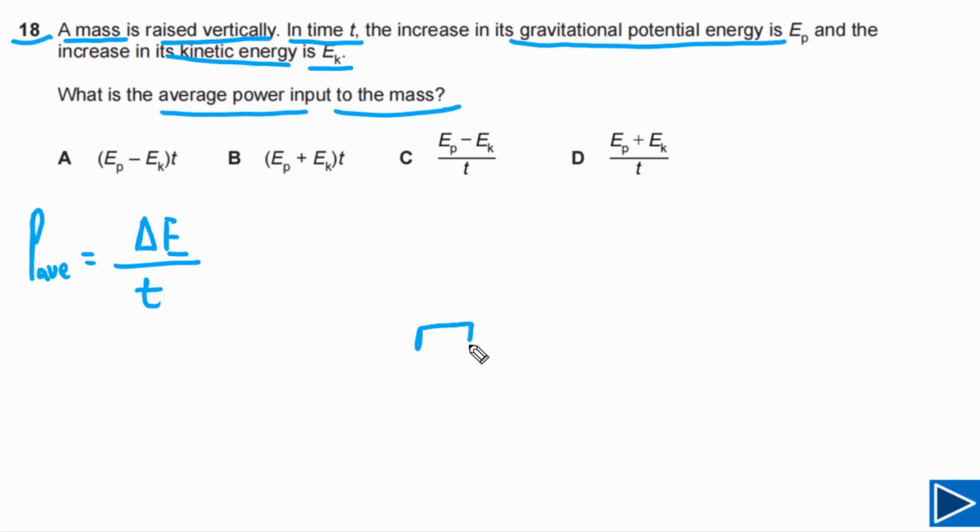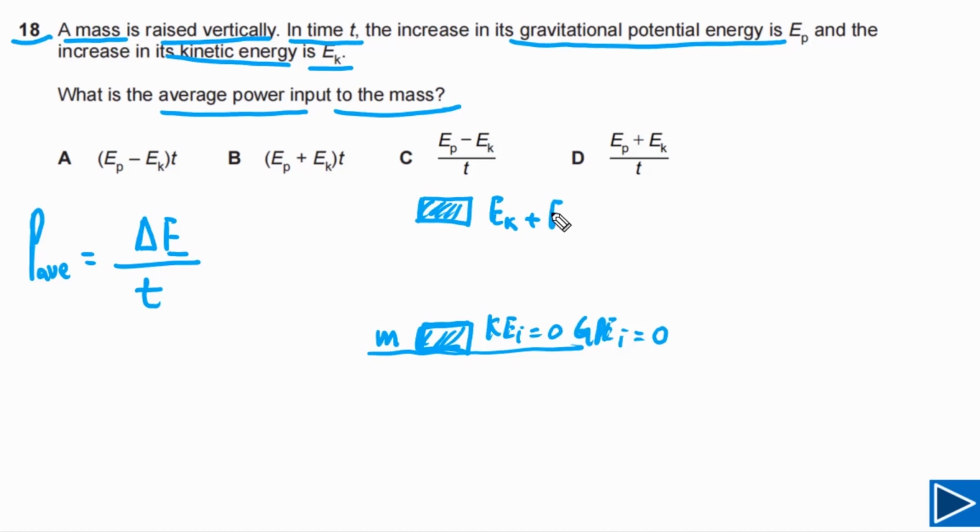Now imagine that we have the mass here, placed on the ground. Here it has kinetic energy initial equal to 0, and gravitational potential energy initial also equal to 0. Now we raise this mass vertically to a certain height. At this height, the kinetic energy of this mass is Ek, plus it also has Ep.